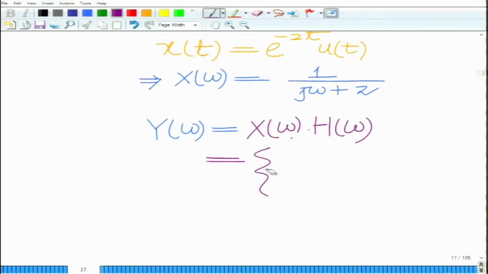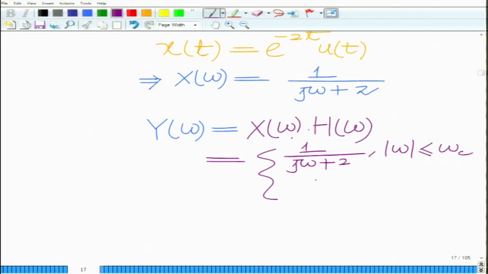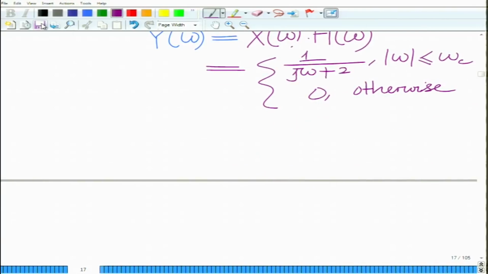So, what we have is 1 over j omega plus 2 for mod omega less than or equal to omega c, and this is 0 otherwise.